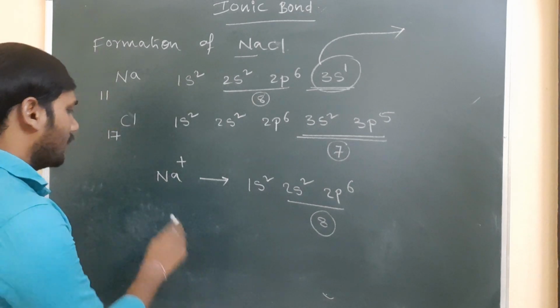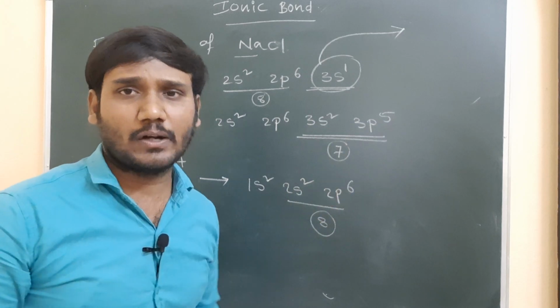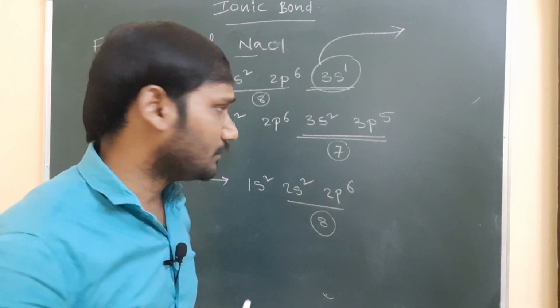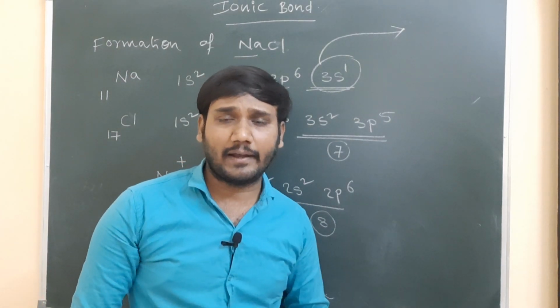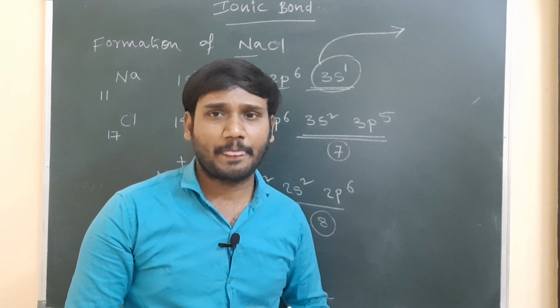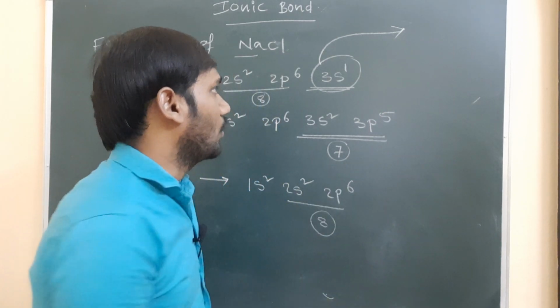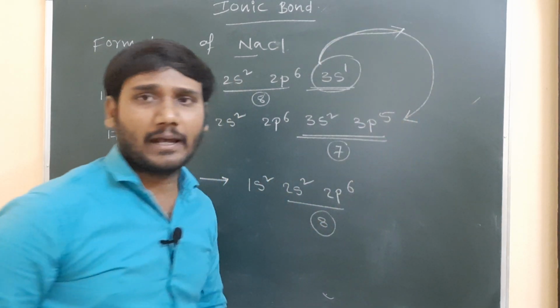Now, by losing 1 electron, the sodium atom gets a positive charge. Next, chlorine. Whatever electron is lost by sodium is gained by chlorine, because the chlorine valence shell has 7 electrons and requires 1 electron to get the octet configuration. So that electron is taken by chlorine.